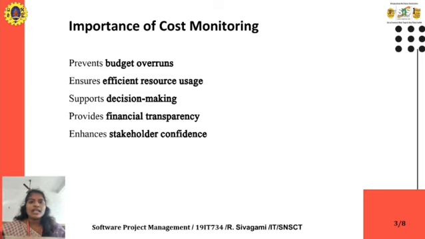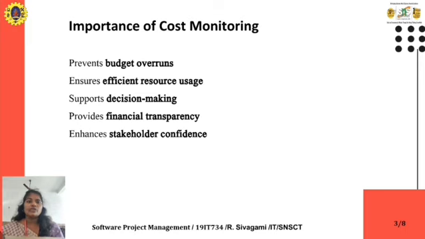It ensures efficient resource usage. It supports decision making with our stakeholders, our customers, or our resource persons. It provides financial transparency. Cost monitoring gives financial transparency, so we transparently know how much we have to spend for this project.